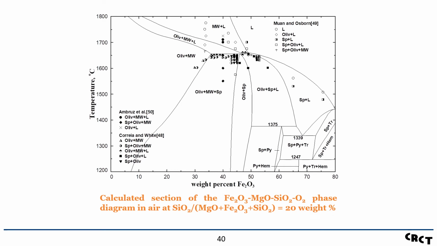This is the calculated diagram from the optimized database compared to the experimental data. These points are not points on the liquidus line. These are along the phase boundary. These are points in the 2 and 3 phase region. The phase diagram is reproduced within experimental error limits, as are all 4 and 5 component systems that we've managed to fit, and to predict for which there are data available.